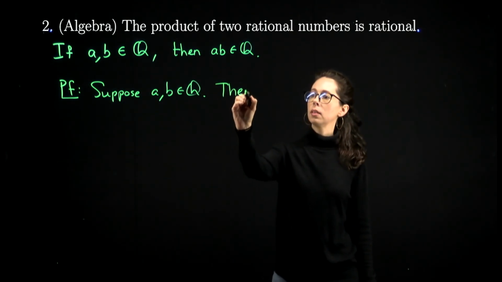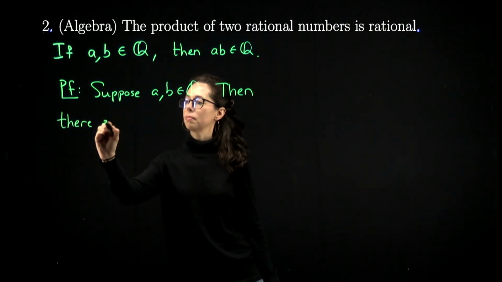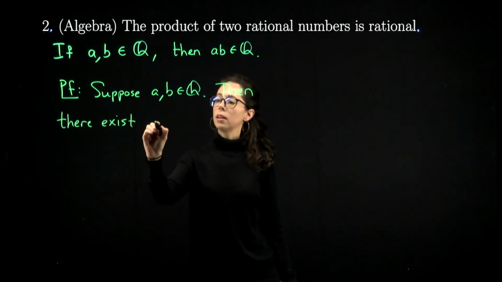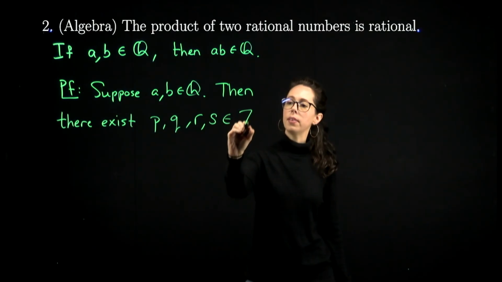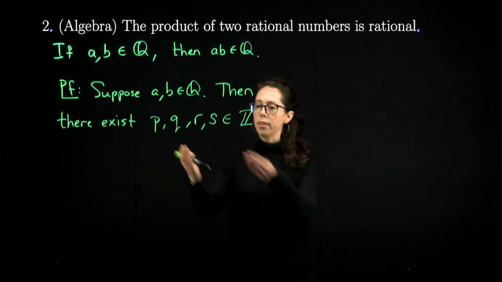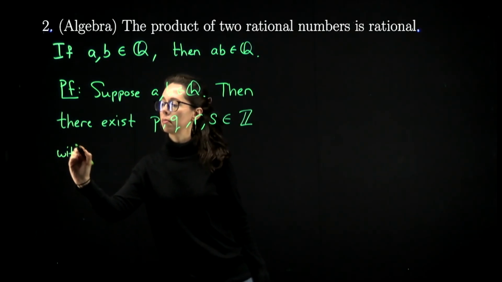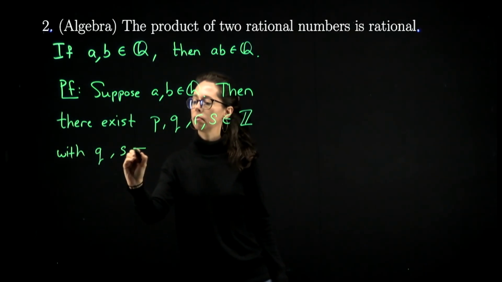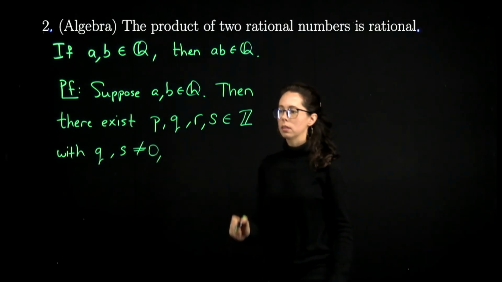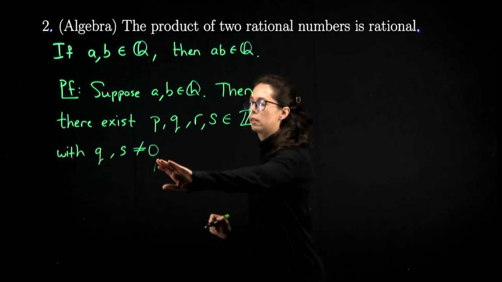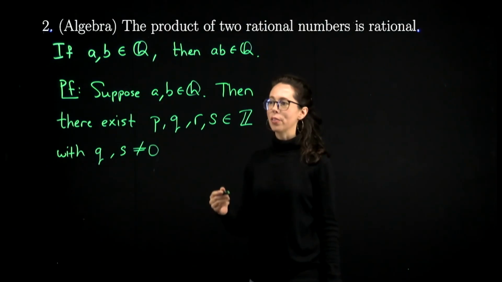Then there exist P, Q, R, S from the set of integers with the two denominators Q and S non-zero. I think no comma here. So that A is P over Q and B is R over S.